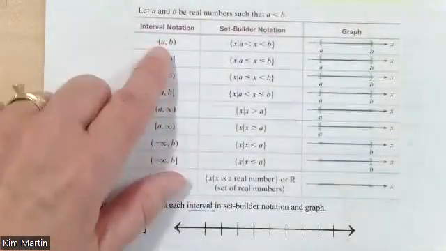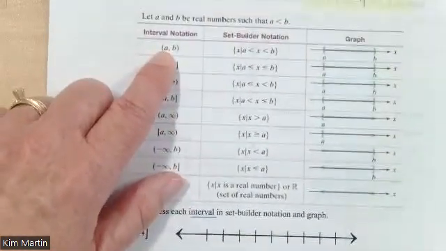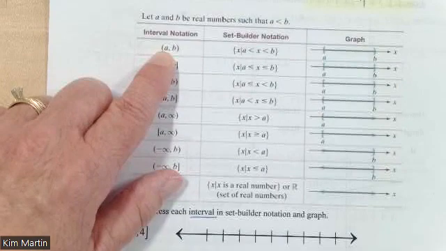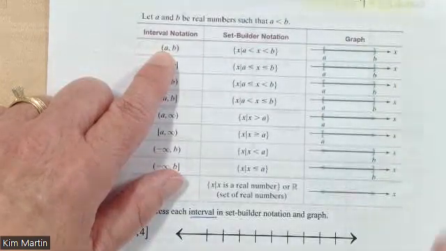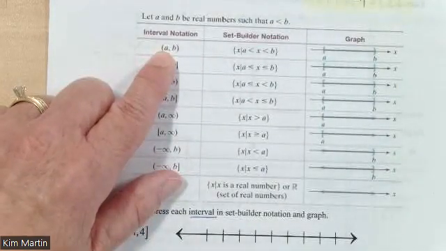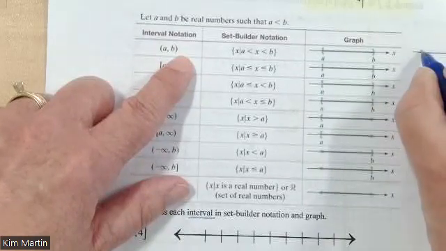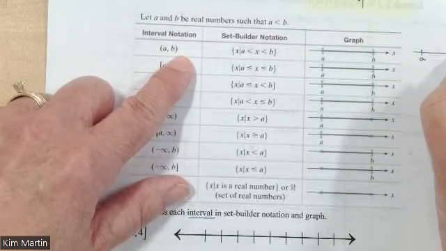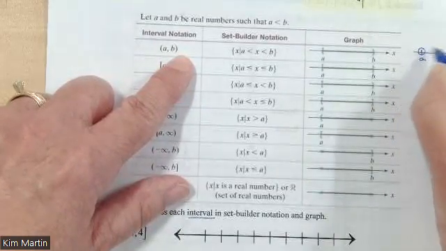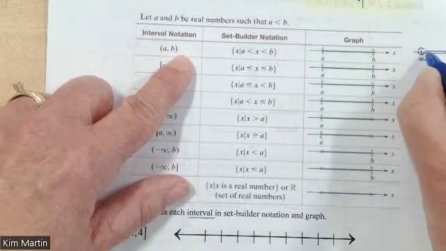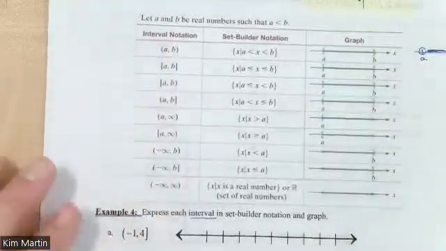Basically, in interval notation, if it's a parenthesis, it does not count it. It's kind of like an open circle and a closed circle. It's the exact same thing. If you have some value A and some value B, before you would have had open circles, and it's everything between those.